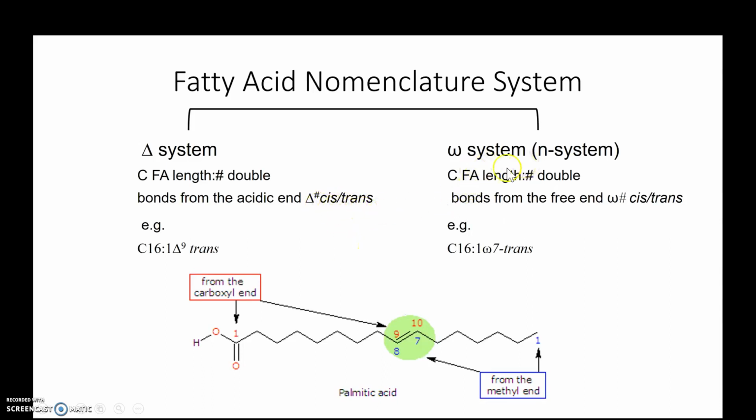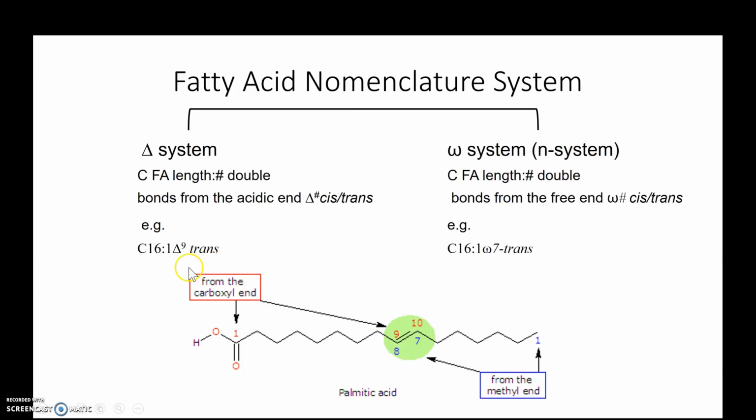The omega system is very similar to the delta, except that instead of starting from the carboxylic end, we start from the methyl end. So as you can see here in blue, that represents our omega naming. And here is an example of palmitic acid. If we were to represent that using the delta system, it would be C16. And then you'd write that colon and number 1, which is the number of double bonds, which is right here.